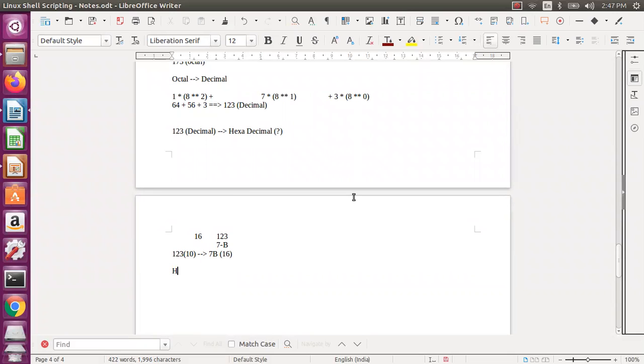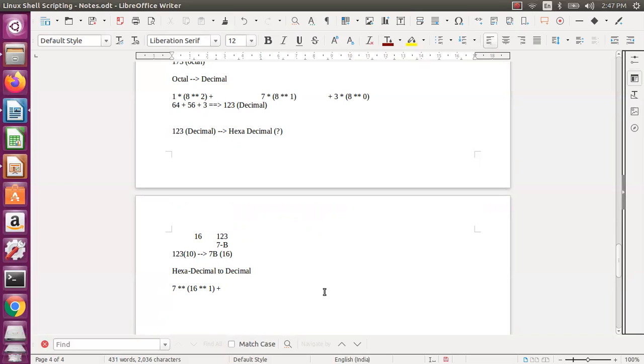Now let us take hexadecimal to decimal. Same as this, you need to multiply by 16. I have 7, and then I need to take 16 to the power 1, and B into 16 power 0. Since we have two digits only, it is the power of 0 and the power of 1.